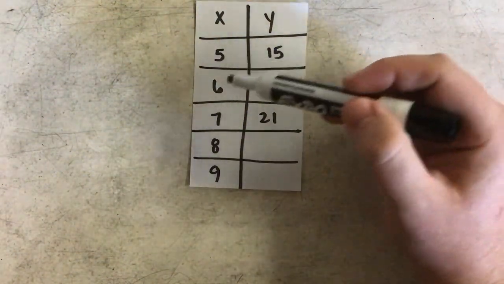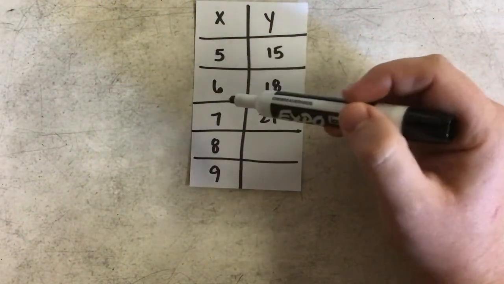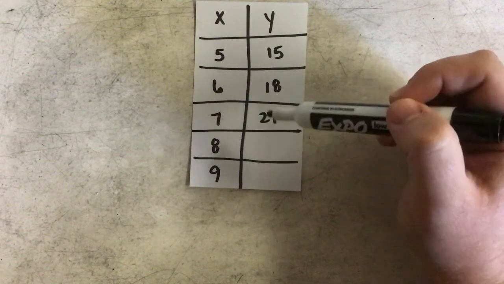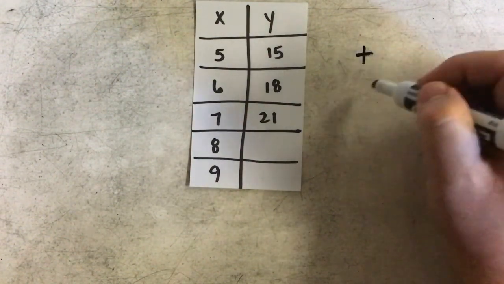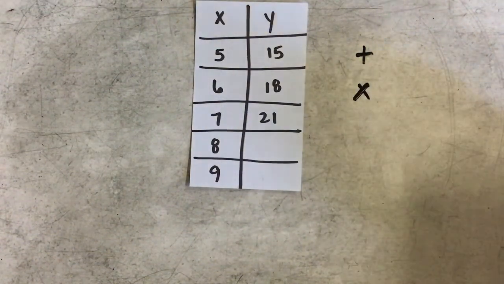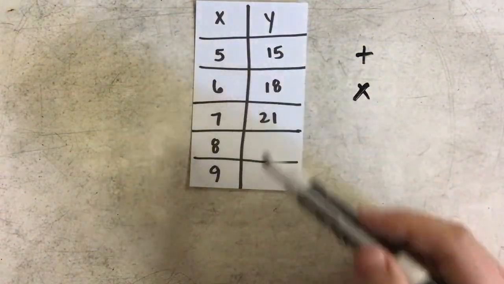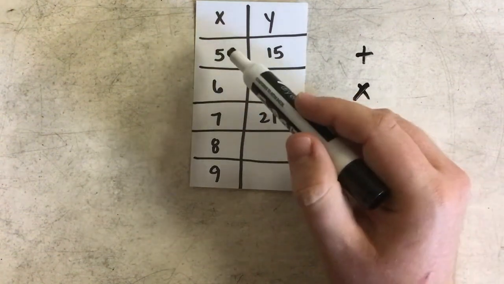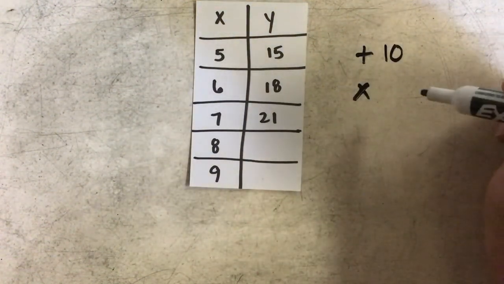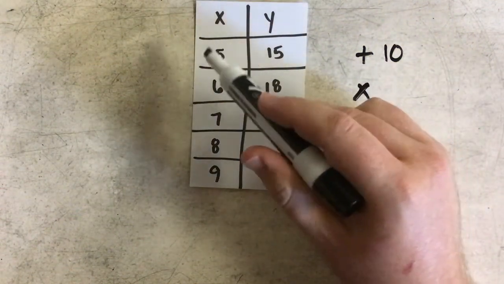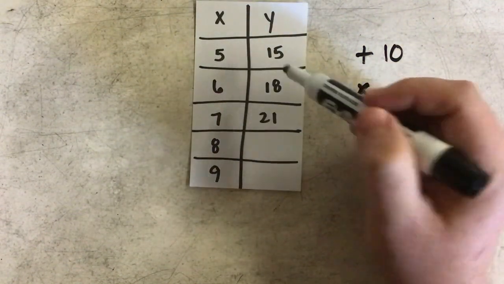Here I see my numbers are getting larger, going from 5 to 15, 6 to 18, 7 to 21, so that I know that I must either be adding or multiplying by something to make my numbers larger. If I added something to 5 to give me 15, I would have to add 10. But I could also multiply something by 5 to give me 15.